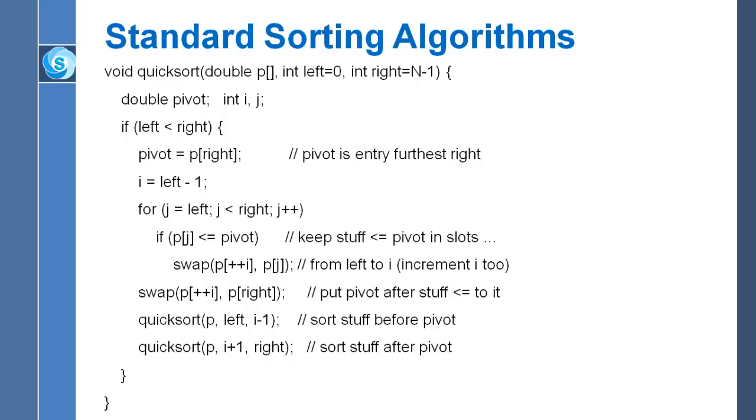And we'll be swapping something that we just found that's less than or equal to the pivot into that position, P bracket left. And you can see that I will always be the index for the last thing that we swapped in to the left side of the subarray.